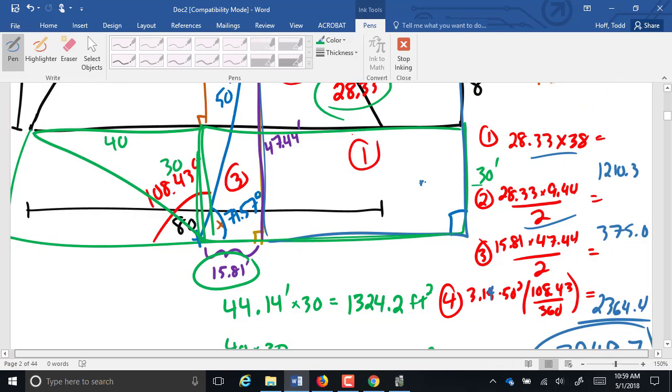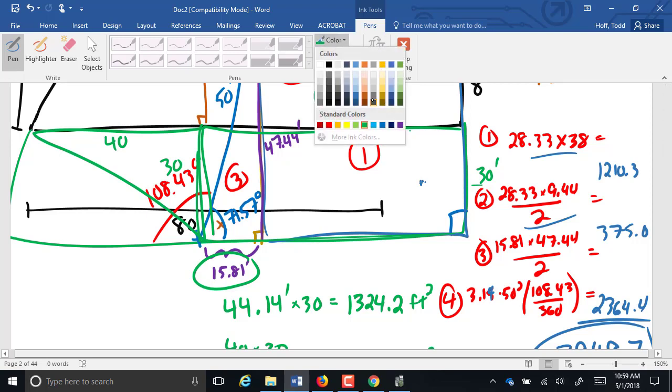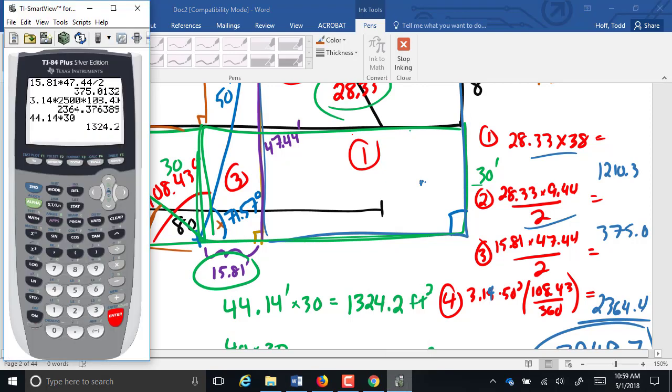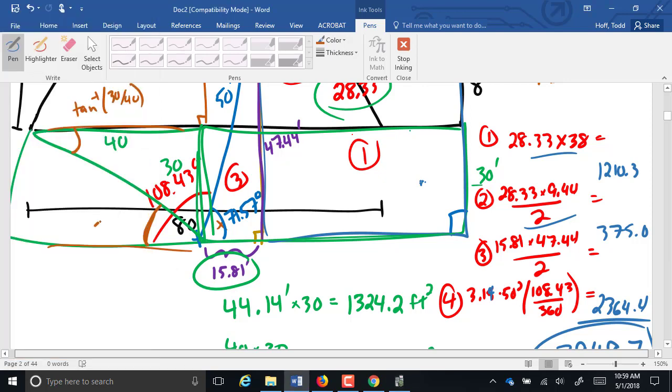But we need this angle up here. The only reason we need this angle up here is because it's the same as this angle, because these are parallel lines. So that angle is the inverse tangent of 30 over 40. 36.87 is correct.